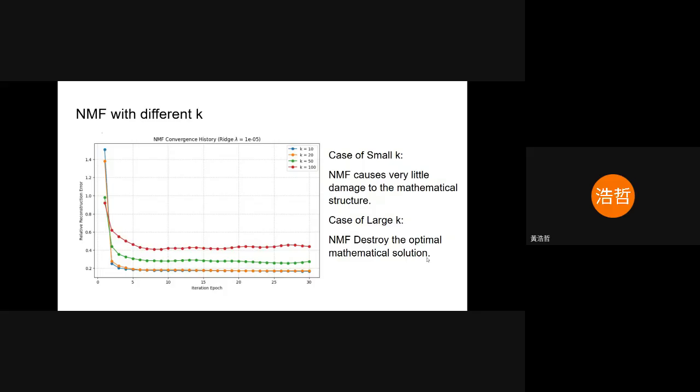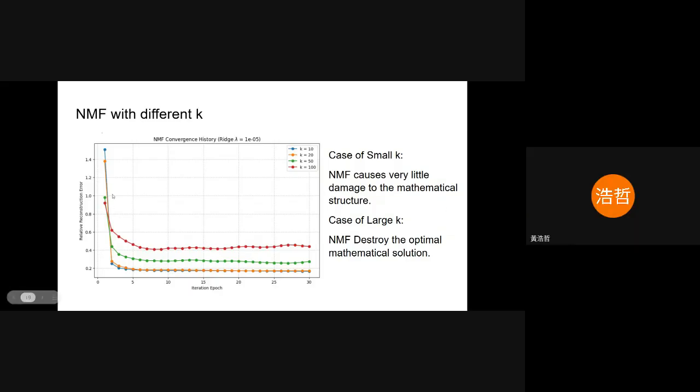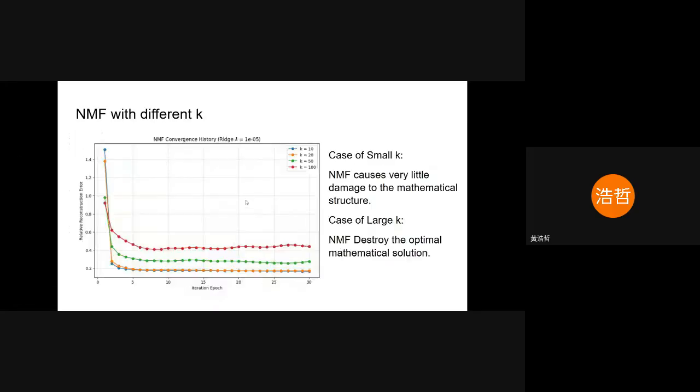So what you're telling me is that when you run the algorithm, you don't get any advantage from putting more than 20 bases. Wow, that's interesting. But you can see this image, this is the previous task 2 result.